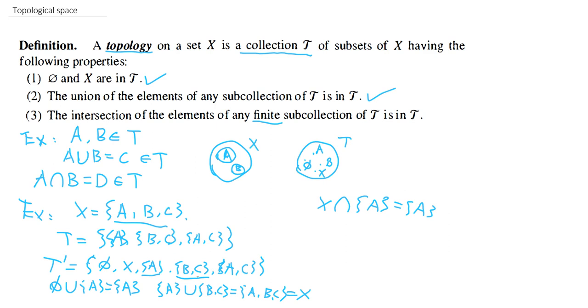And let's see. Okay, so how about this one? If we intersect the set BC and the set AC, BC intersect AC, then the result should be a set with one element, C. Is this inside T prime?